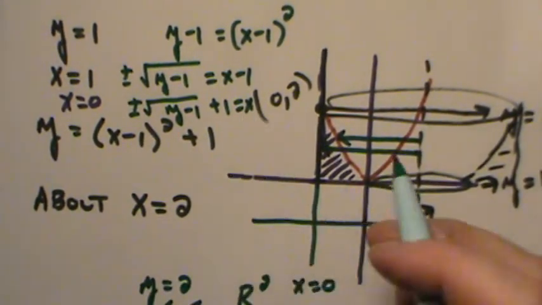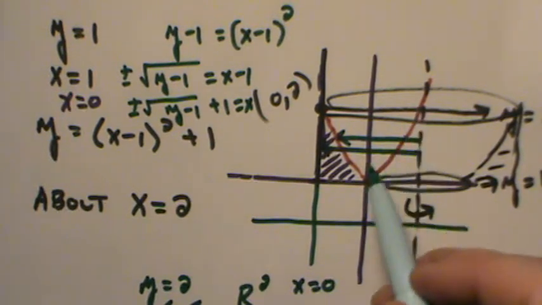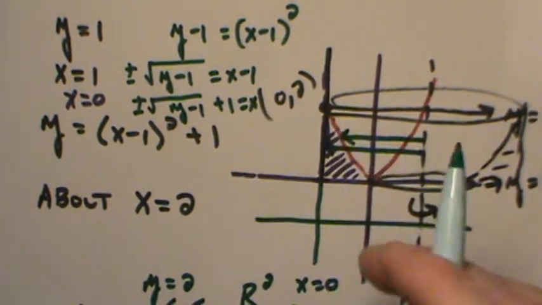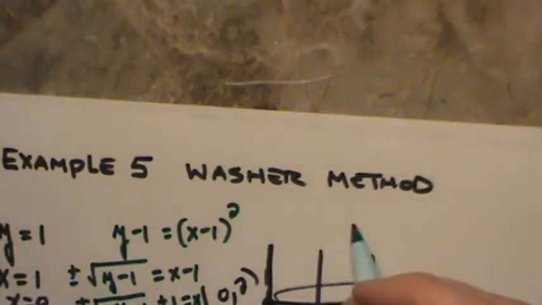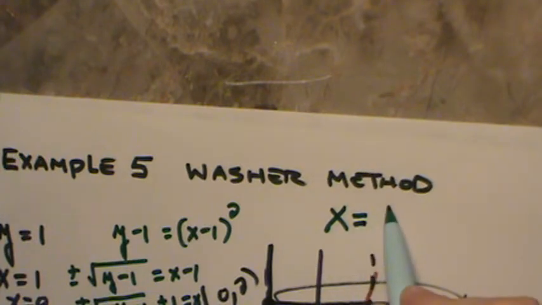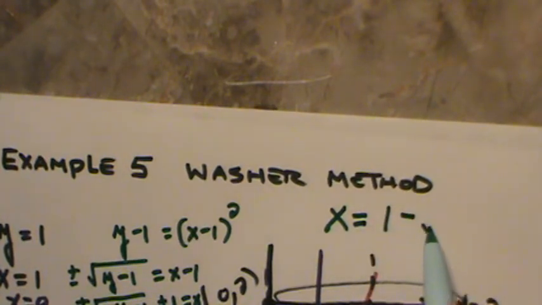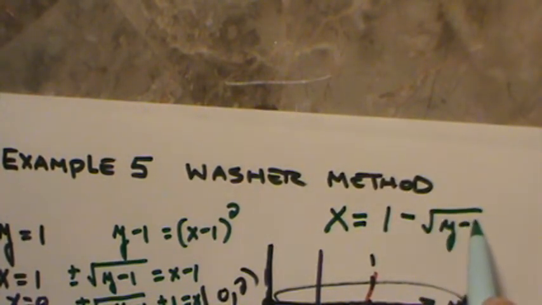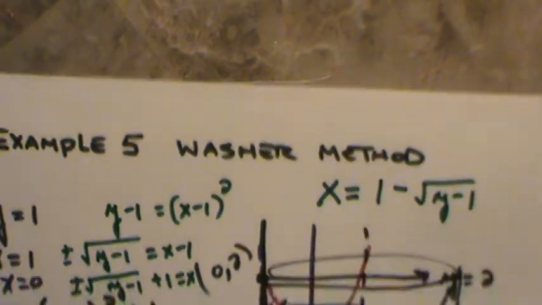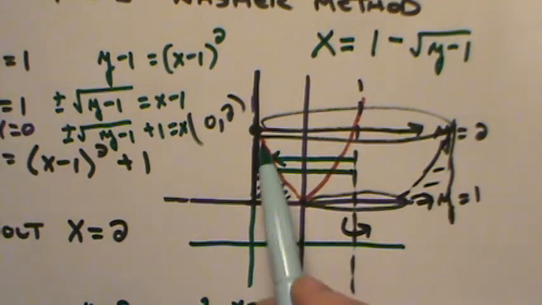Now, in a previous example, we were worried about the positive part of the parabola. I'm not on the positive this time. I'm on the negative. And so if I clean this up a little bit, I'm really looking at x equaling 1 minus the radical of y minus 1. That's the part of the parabola that I'm working with. It's this negative part here.